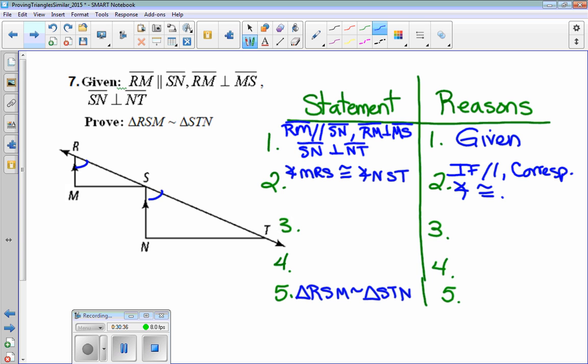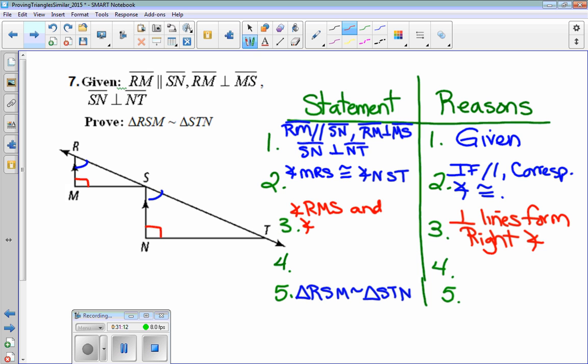Well, I've got some perpendicular lines too, don't I? I have RM is perpendicular to MS. Correct? What do perpendicular lines form? So perpendicular lines form right angles. Therefore, we need to say the fact that those angles are right angles. So angle RMS and angle SNT are right angles.